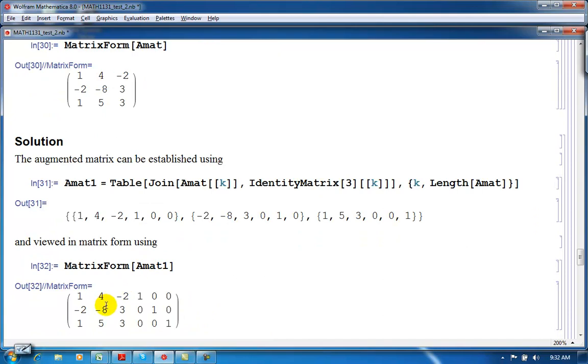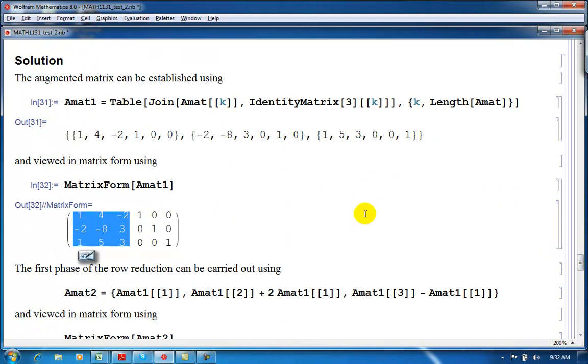So over here we've got the unit matrix, and here we've got the original matrix. What we want to do now is perform row operations so that this matrix here becomes the unit matrix, and then what's over here will be the inverse.